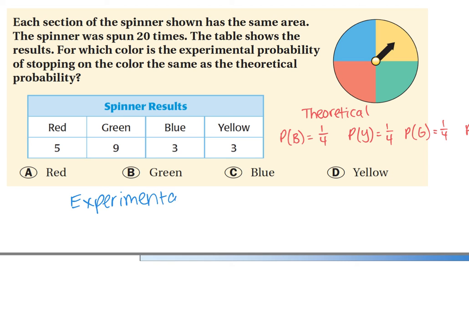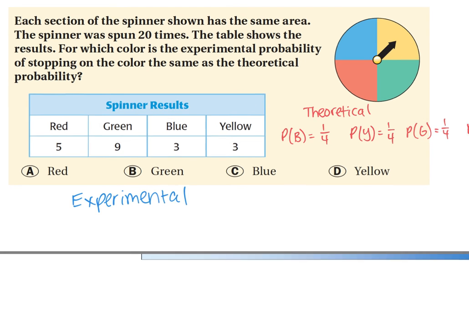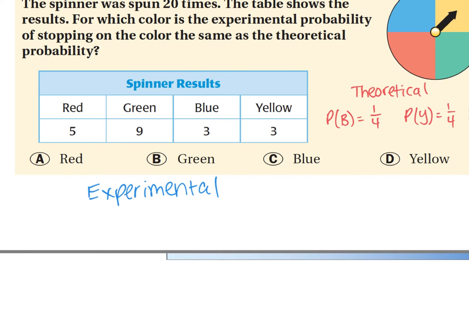The experimental is coming from the results of our experiment. So for the red spinner, the experimental probability was the number of successes. How many times did red happen? 5. Out of how many total spins?